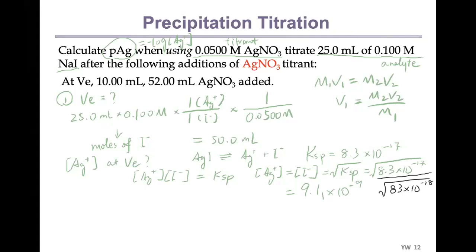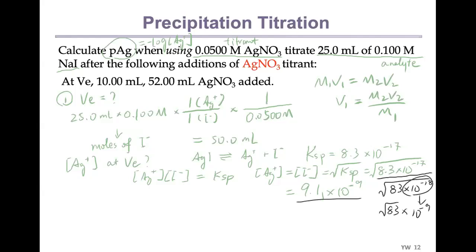Then when you take the square root, it will be 10 to the negative 9, and you just need to take the square root of 83. That's easier than putting the whole number into the calculator, from my point of view.